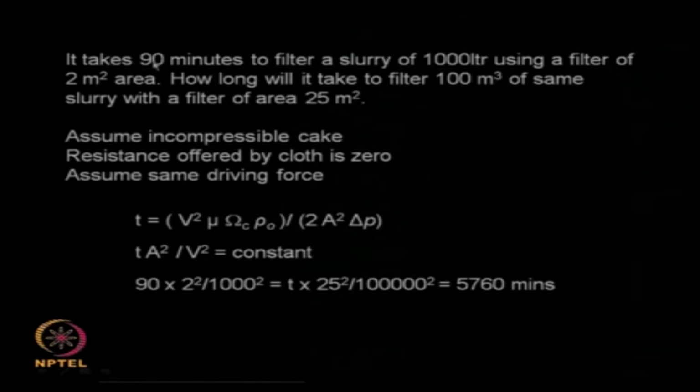So it takes 90 minutes to filter 1000 liters using 2 meter square, whereas it takes 5760 minutes to filter 100 meter cube of slurry using a 25 meter square filtration setup. Which means I will take several hours to filter 100 meter cube of liquid using a 25 meter square filter setup.